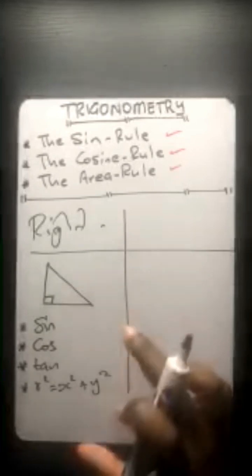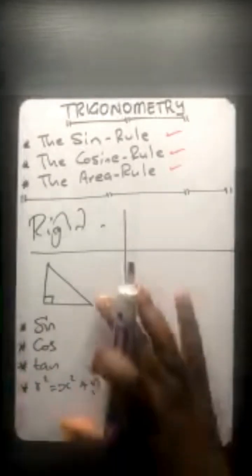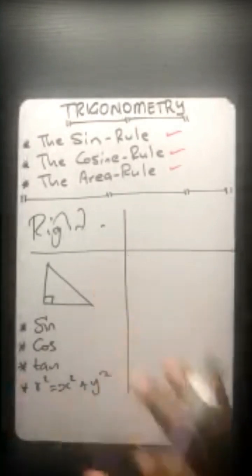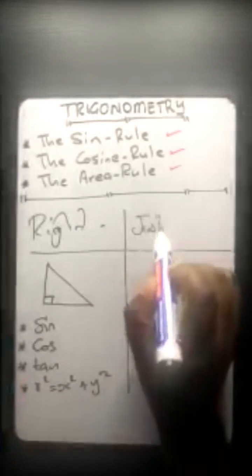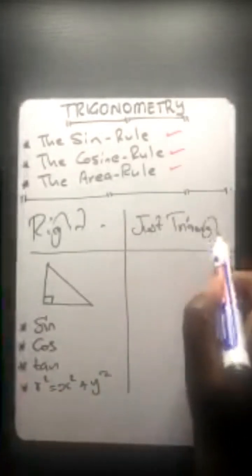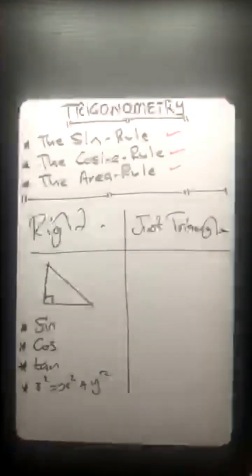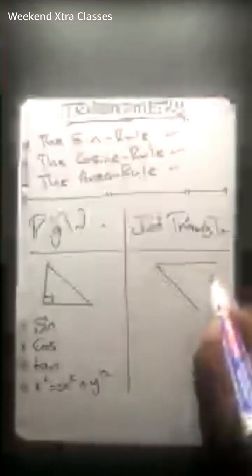Any question related to a right-angled triangle, that's when you can use sine, cos, tan, or the theorem of Pythagoras. But what if we just have a triangle, not labelled scalene or whatever type? Let's say we just have a triangle.